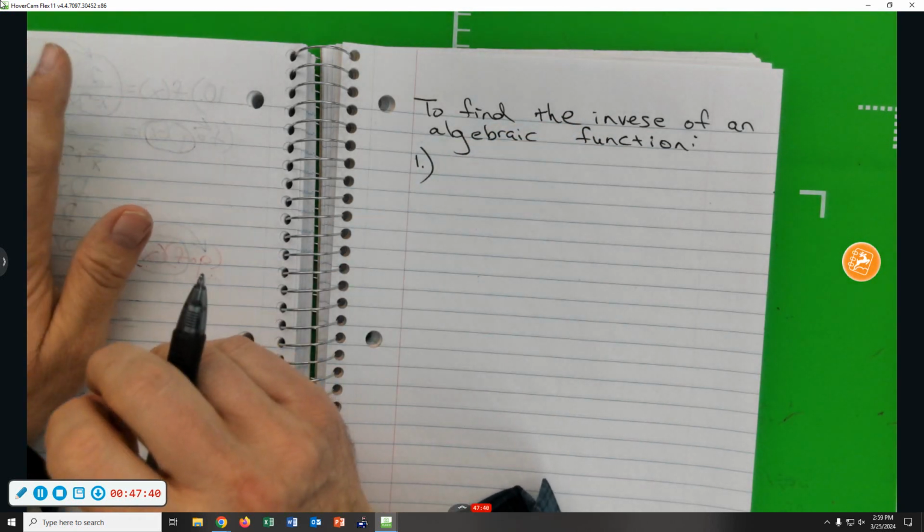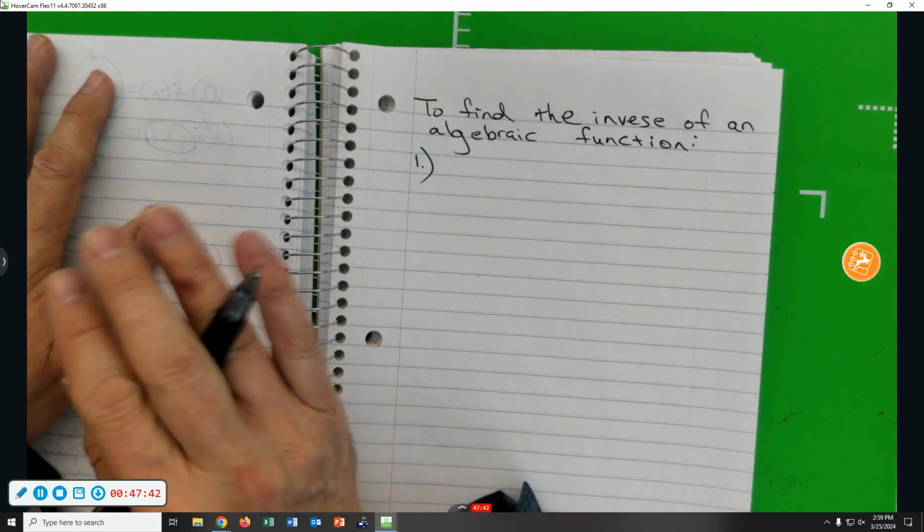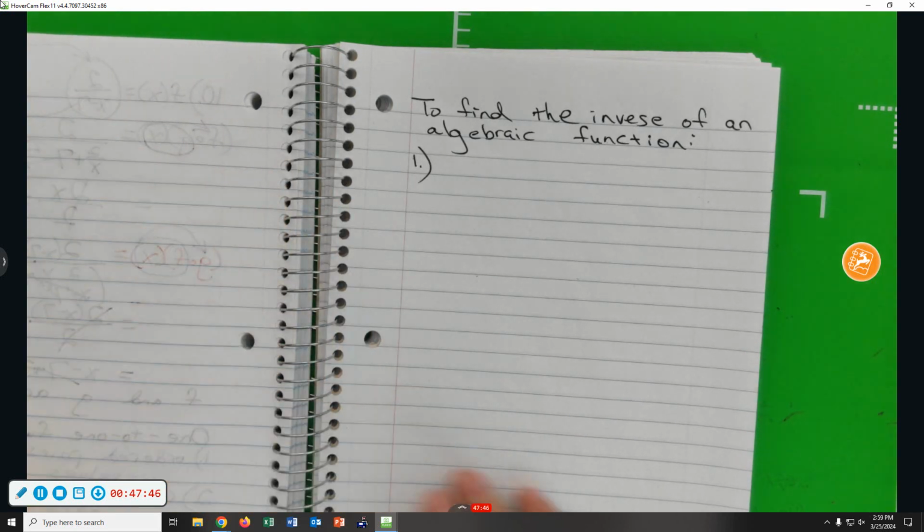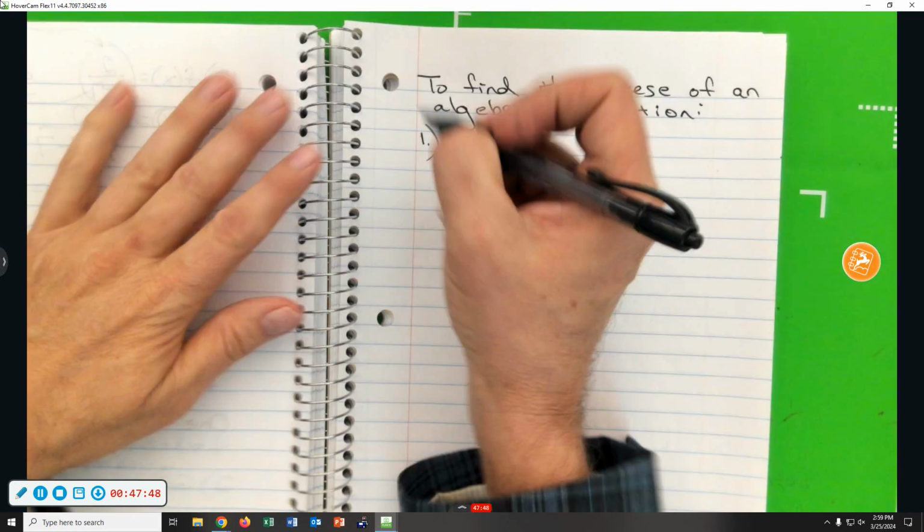First of all, you need to verify that it's one-to-one, because if it's not one-to-one, then you don't want to bother finding the inverse.